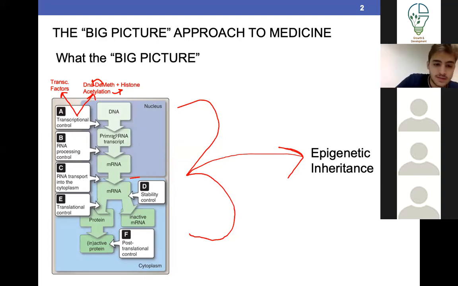Then, let's say you transcribed it and everything is good. You're talking about the primary RNA transcript. What's the difference between primary mRNA transcript and mRNA? It's the fact that mature mRNA is after splicing. You know that DNA is made of exons and introns, and when it's transcribed, it forms exons and introns. Now you want to remove the introns.